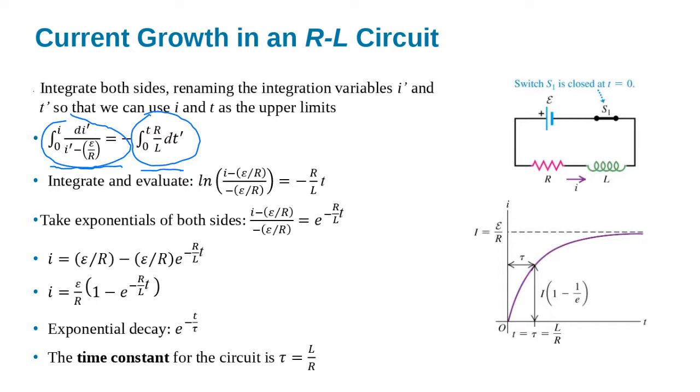So here, on the left-hand side, we've got a function, basically 1 over I minus epsilon over R. When we're integrating a reciprocal function, that gives us natural log.